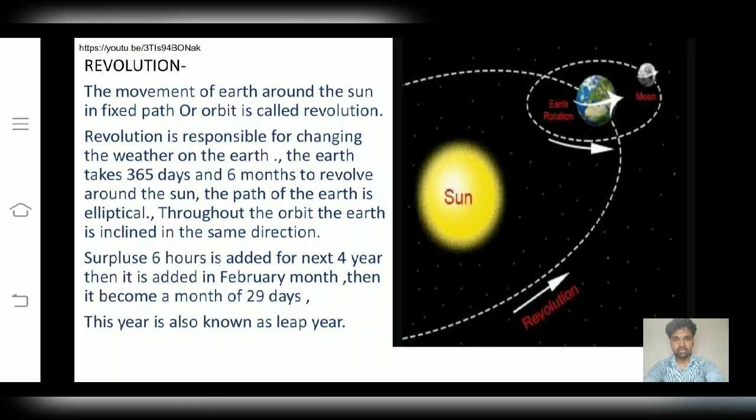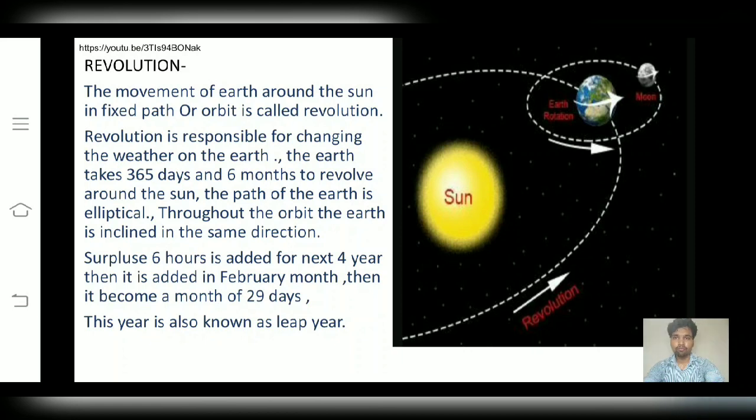It means the earth follows a path which is elliptical in shape. So here revolution is basically responsible for the changing of weather on the earth.